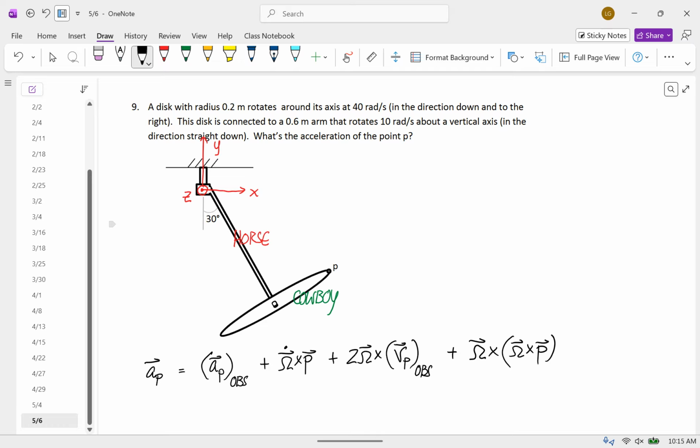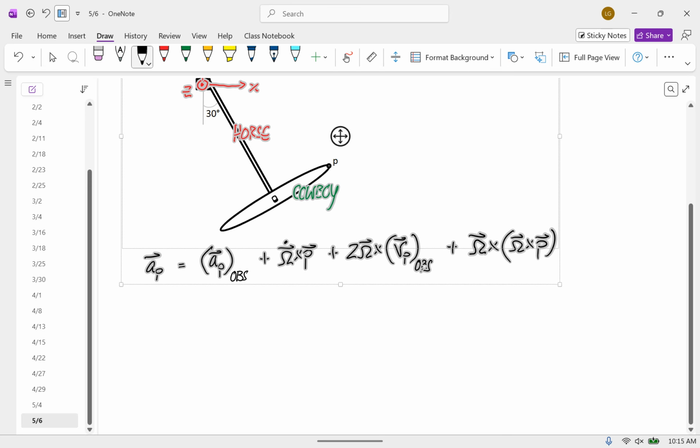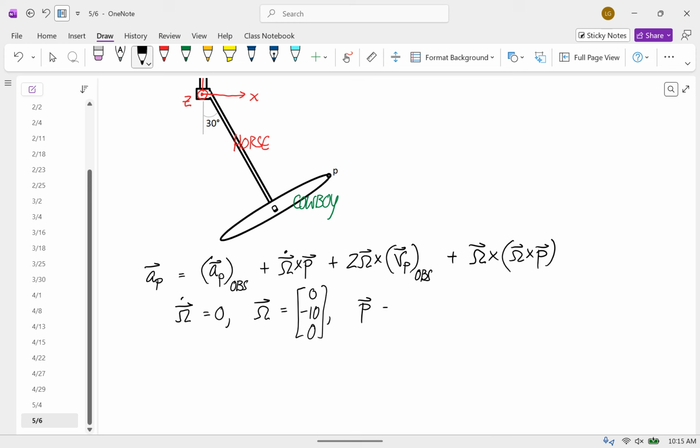So the first thing is there's no angular acceleration of the body, so this is equal to 0. The angular velocity is equal to 0, negative 10, 0. And the position vector, what's the definition of the position vector?